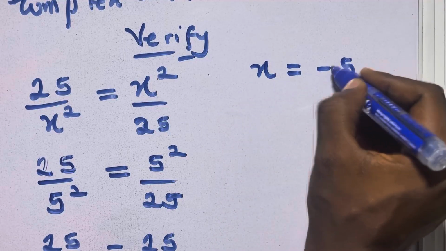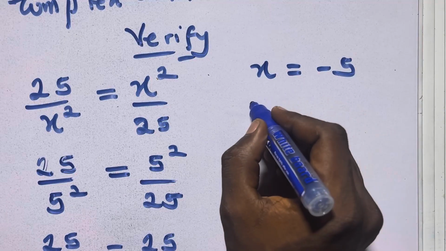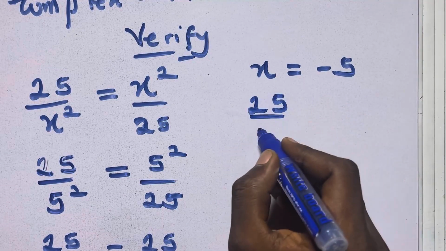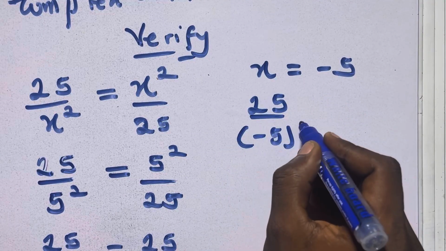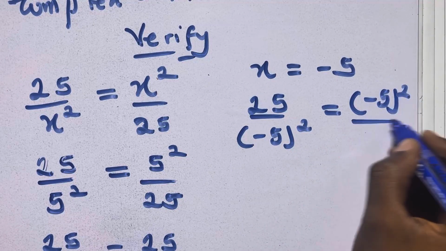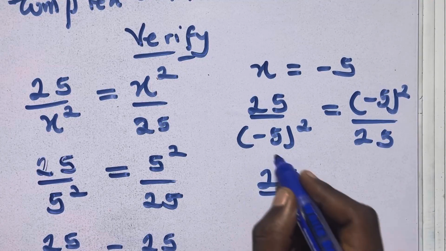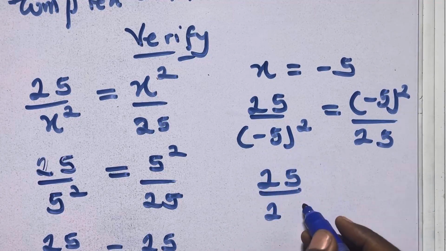But however, let me also check for the other root when x equals minus 5. When x equals minus 5, we are going to have 25 divided by minus 5 squared equals minus 5 squared divided by 25.